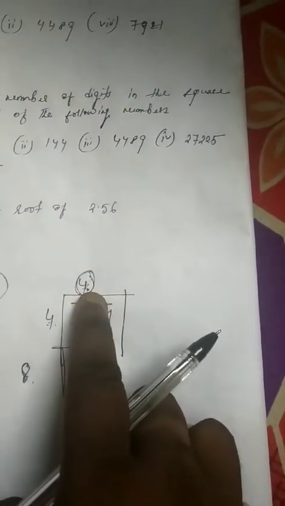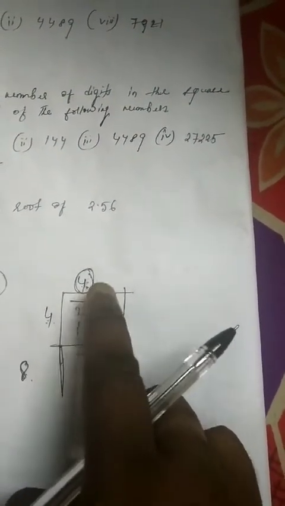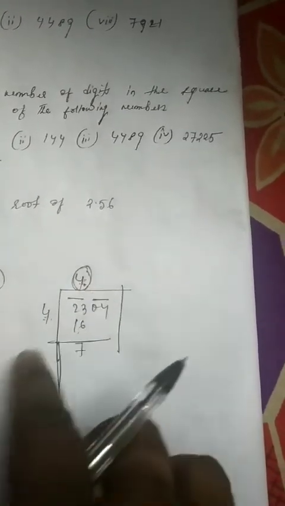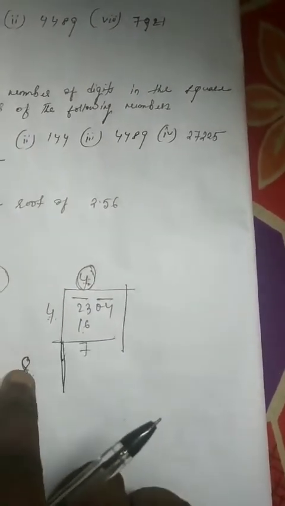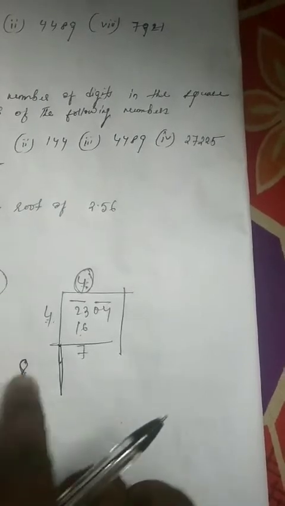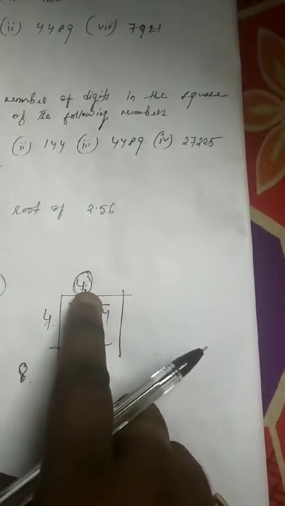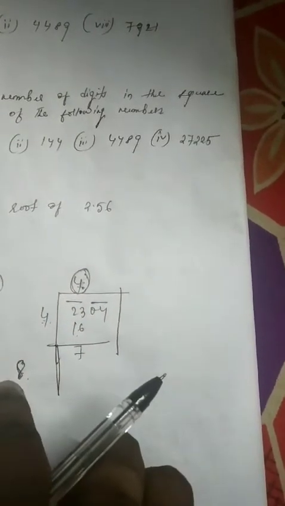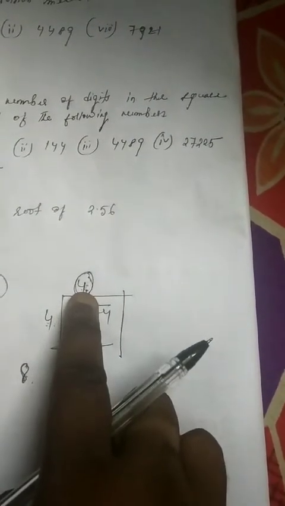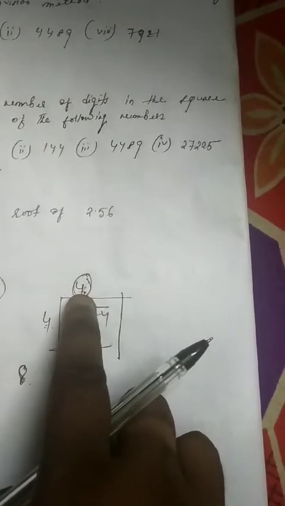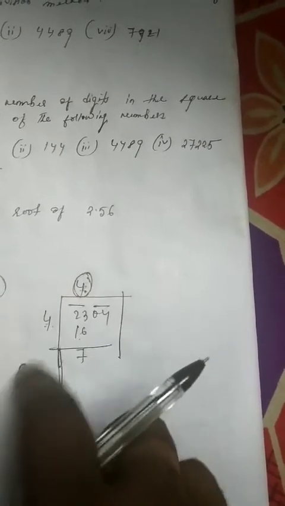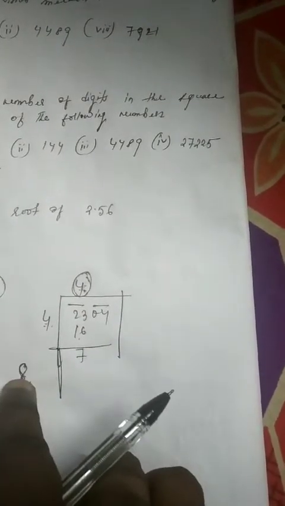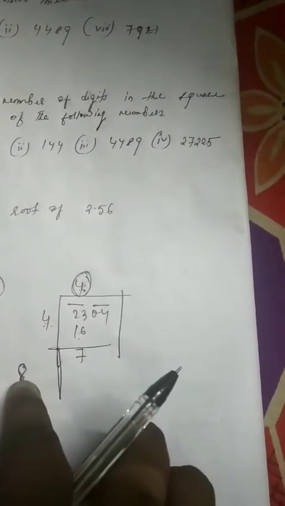As I'm getting 4 over here, the double of 4 is 8. 4 twos are 8. If there had been 6, I would have taken 12. If there had been 9, I would have taken 18. So I take 8 over here.